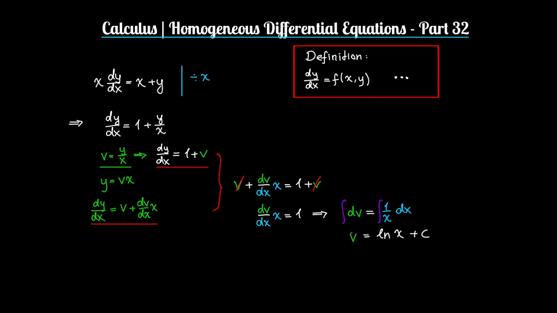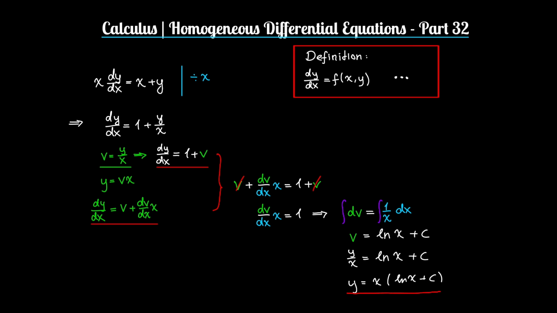And now finally, I can replug the substitution we used, since v is just equal to y over x. And please remember, our end goal is to have y equals to and everything else on the other side. So that means I can multiply this equation here by x, and all I have left is y equals x times ln of x plus c.